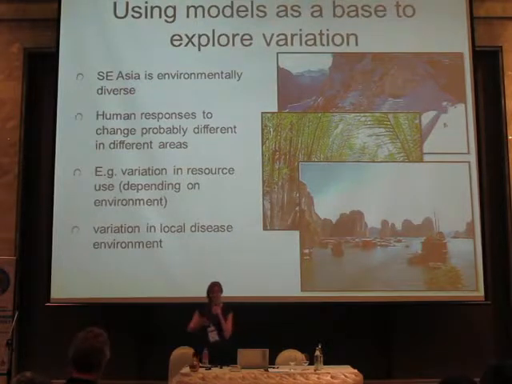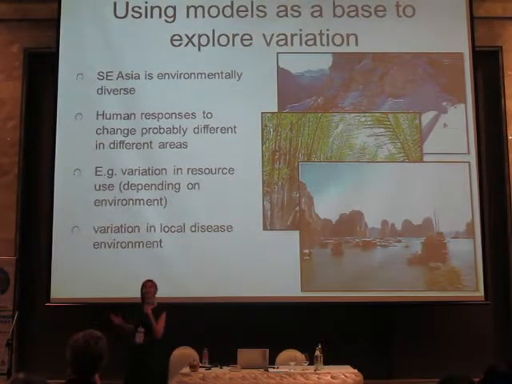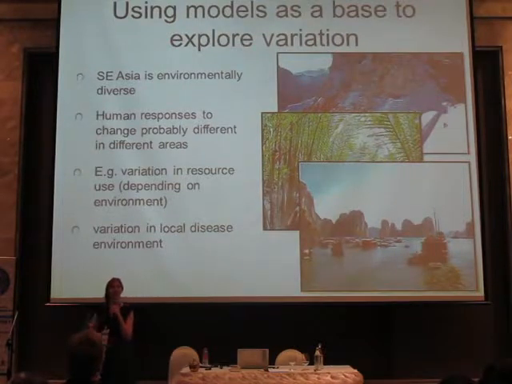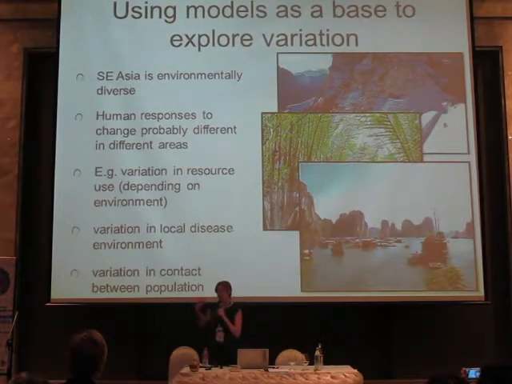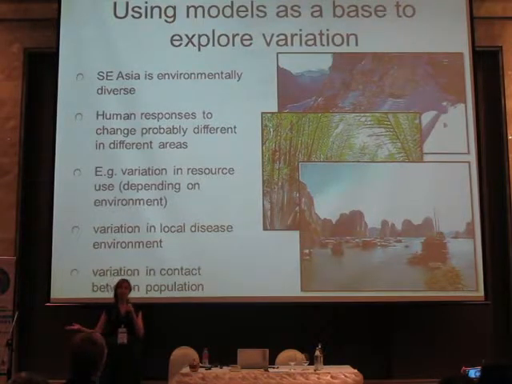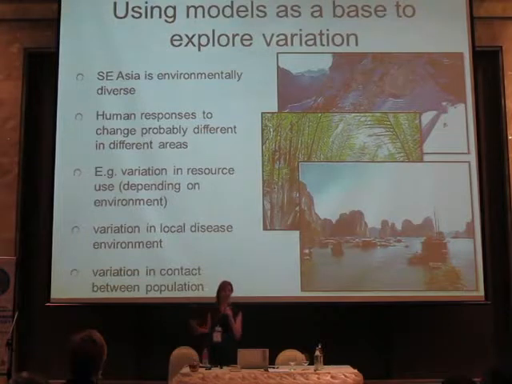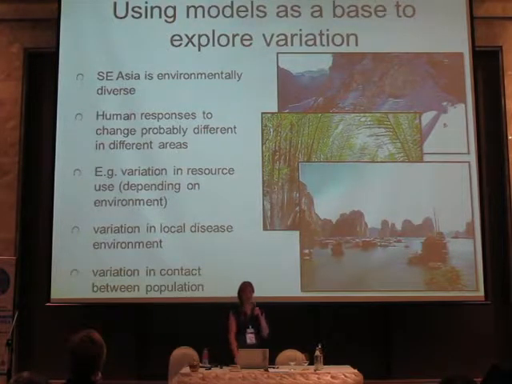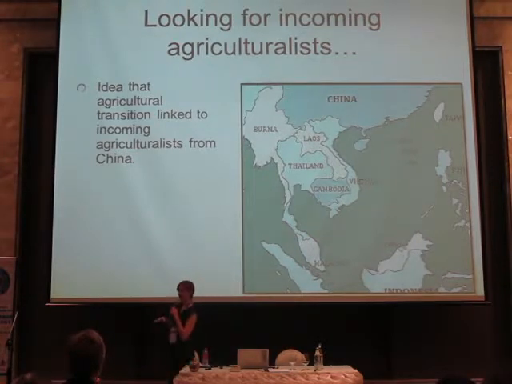And Sean's going to talk in a sec about how we've been thinking about how these environmental differences are going to cause differences in local disease environments and the pathogens present. And similarly, these kinds of differences in environment mean that some places are more suitable for agriculture than others, some places have physical barriers to movement in them, which means there's going to be variation in contact between populations. And that's kind of what I want to focus in on now.